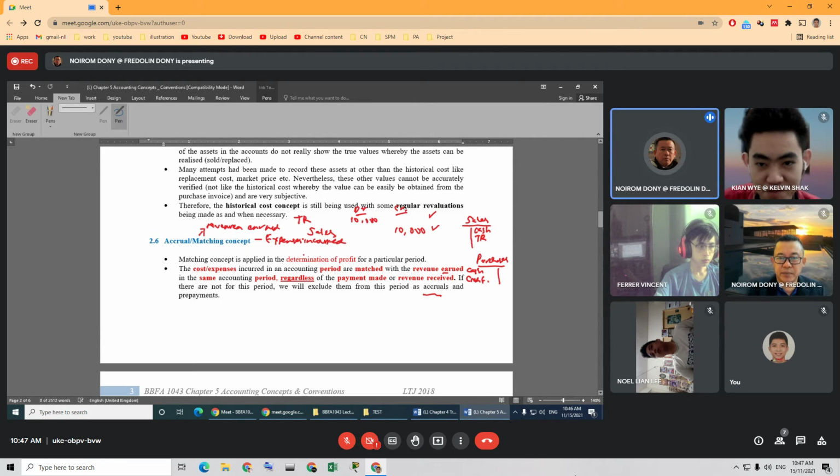If it's not in the same period, then we have to do adjustment: either we exclude or we add. We exclude them from this period as accrual and prepayment. Okay, what about the accrual concept? The accrual concept is recognizing expenses as they are earned.